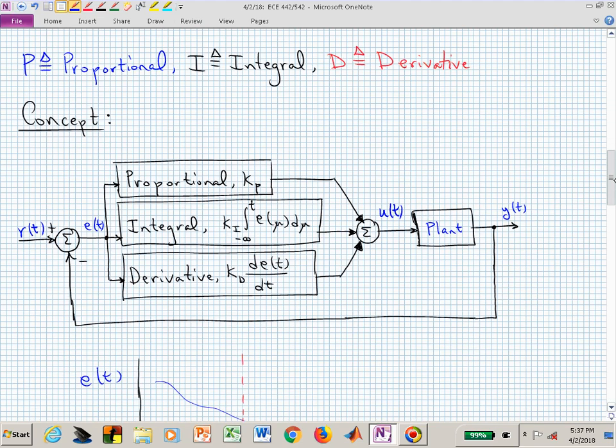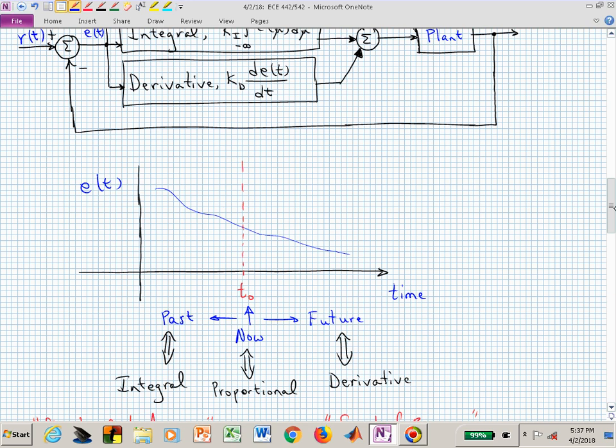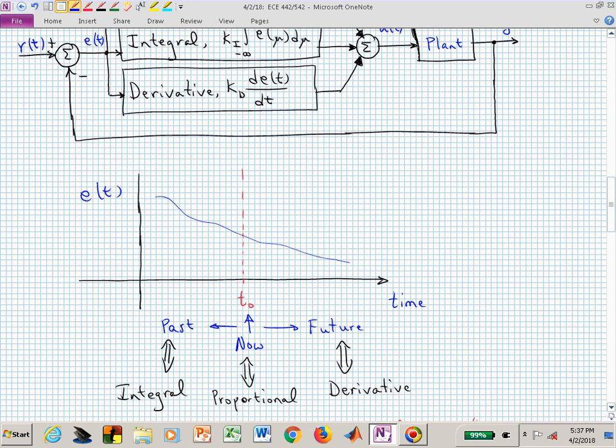You have those three pieces, and here is another way of thinking about that PID controller. Let's assume we have a hypothetical error signal that I'm indicating as this blue waveform, and it's decreasing with time. And let's draw a line in the sand and say that's the present time, t sub 0. Whatever the error signal is at t naught, now, that's going to be scaled by the proportional piece of our PID controller.